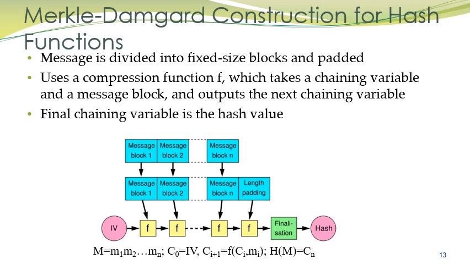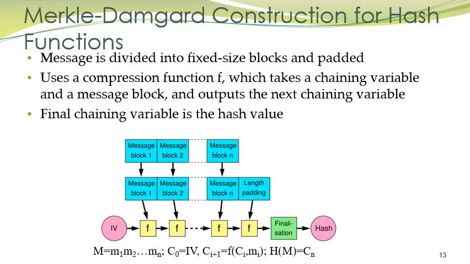Whatever input message we give to this hash algorithm, this message is divided into fixed size blocks. If the size of the block is 512 bits, then it will divide the message into blocks of 512 bits. If the block size is 64 bits, then it will divide the message into blocks of 64 bits.